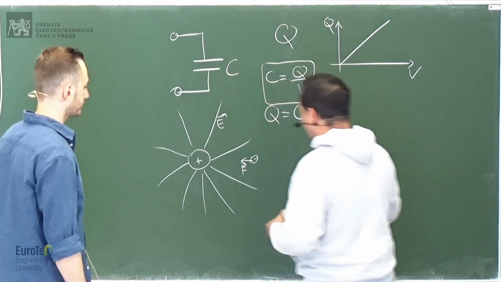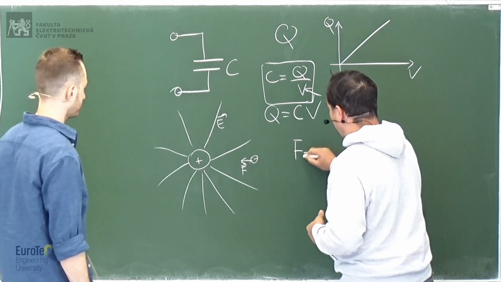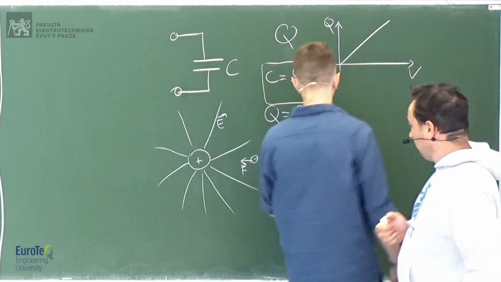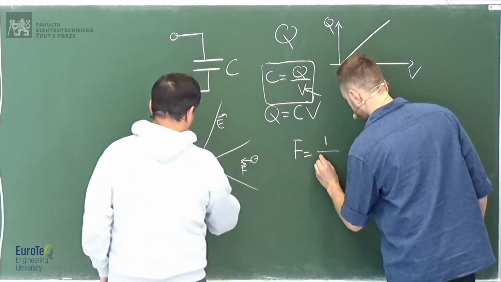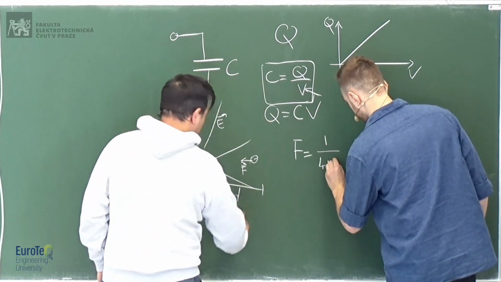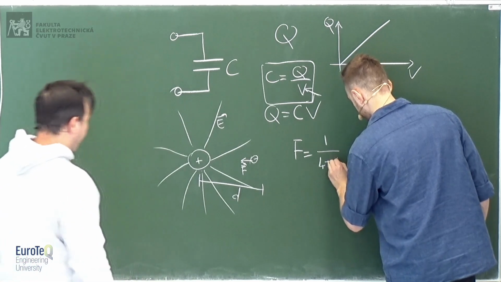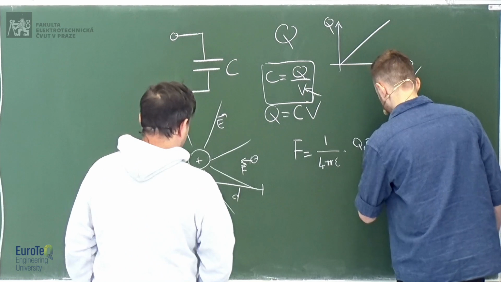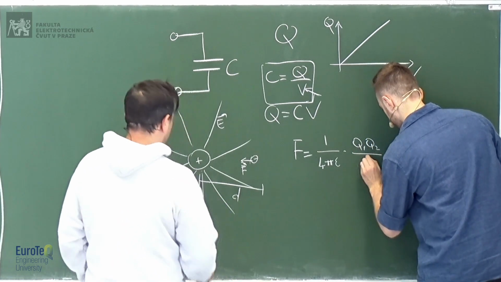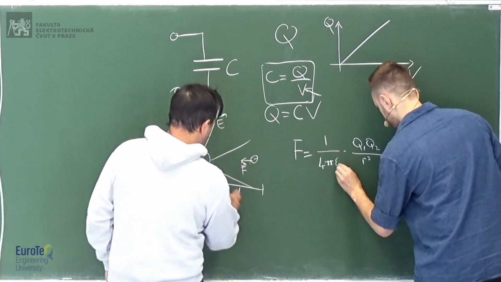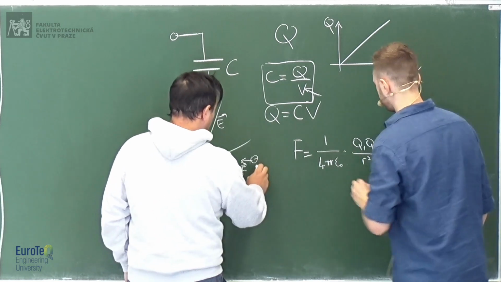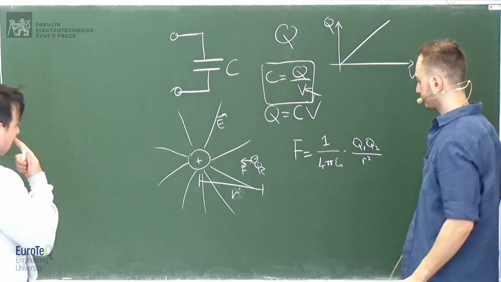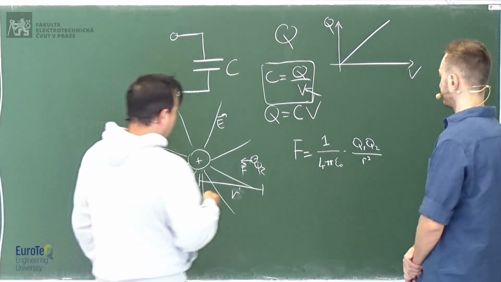You remember this force is equal to, if this is the distance, let's call it R, and this is Q2, you have this force. Excuse me, D squared or R squared?